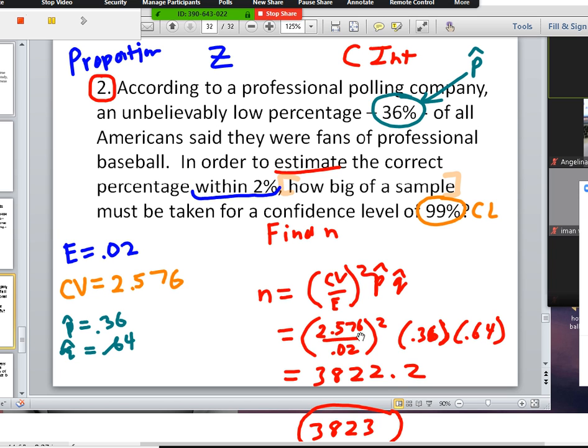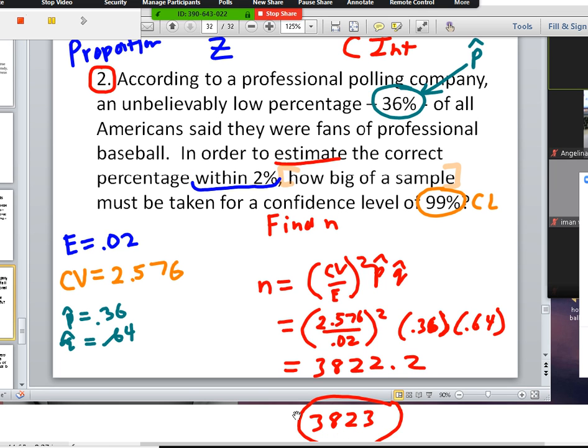So (2.576 over 0.02) squared times 0.36 times 0.64, which is 3822.2. You always have to round up because this is the minimum you need. So 3822 won't be enough. You have 3822.2, so you need to have 3,823 people. That's your sample size you need.